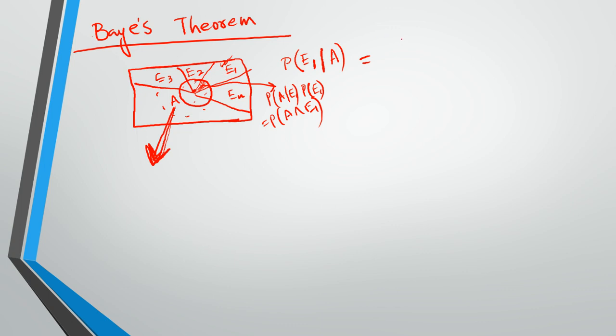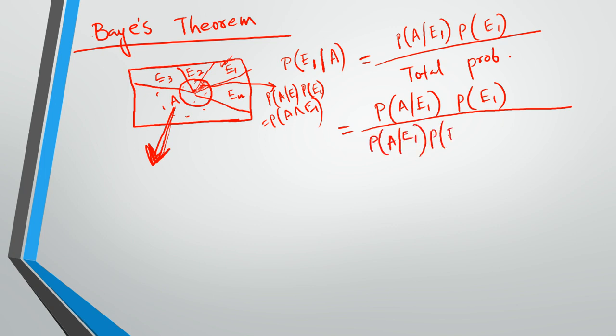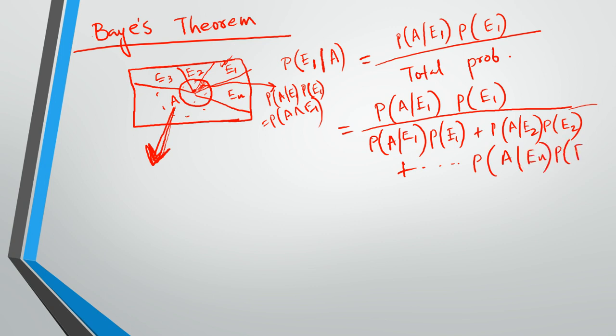So this will be probability of A given E1 times probability of E1, divided by the total probability: probability of A given E1 times probability of E1 plus probability of A given E2 times probability of E2, plus all the way till probability of A given En times probability of En.